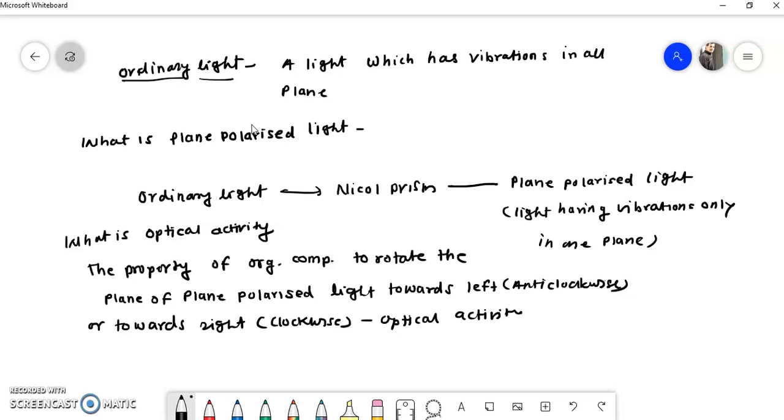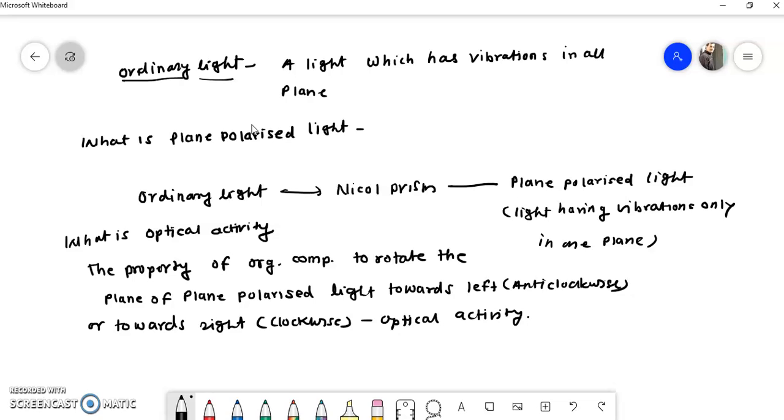The compounds which can rotate the plane of plane polarized light are called optically active compounds. For a compound to show optical isomerism, it must rotate the plane of plane polarized light either left or right.